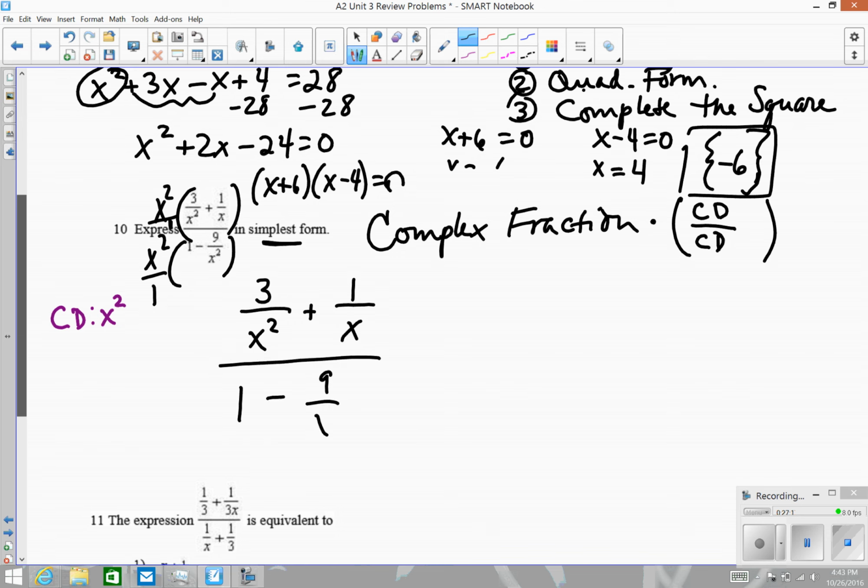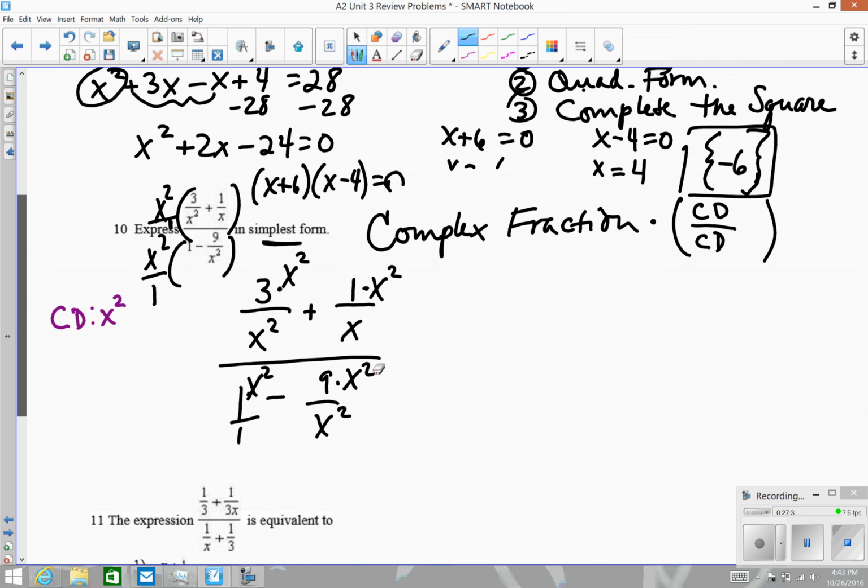And we are going to distribute to each term an x squared. So I'm going to multiply this times an x squared, my 1 times an x squared. This, you want to think of that as 1 over 1 times an x squared, and 9 times x squared.